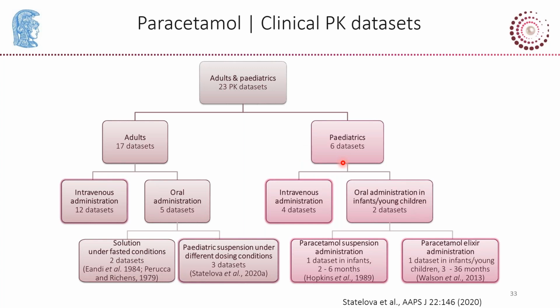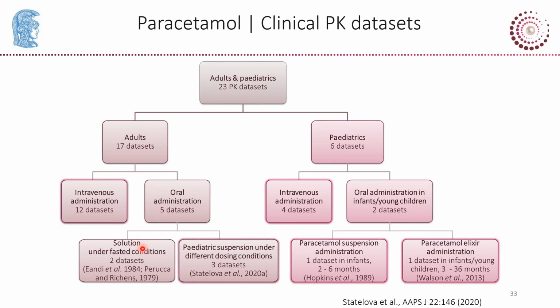Having said this, our modeling involves quite a rich clinical PK data set, part of which came from literature, of course. We had a total of 23 pharmacokinetic data sets in adults and pediatric patients. 17 data sets were from adults, 12 of those coming from intravenous administration, and 5 data sets from oral drug administration.